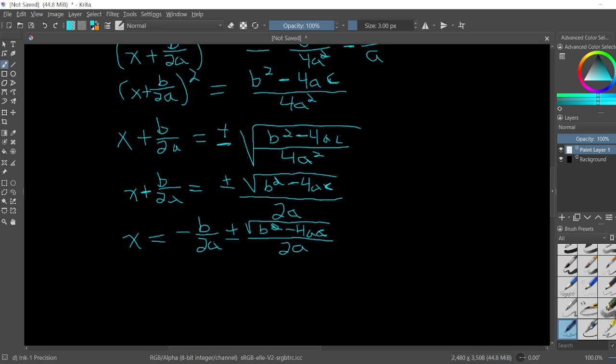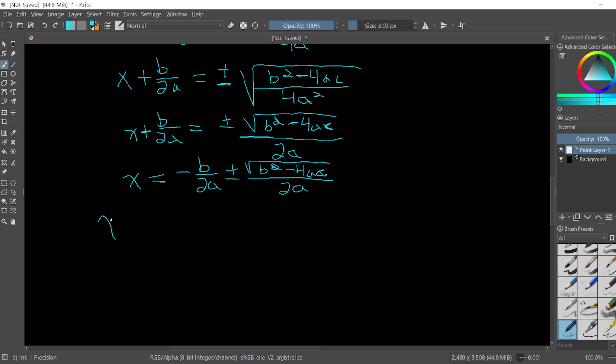So I can write this in a really compact form. I can say x equals negative b plus or minus the square root of b squared minus 4ac, all over 2a.